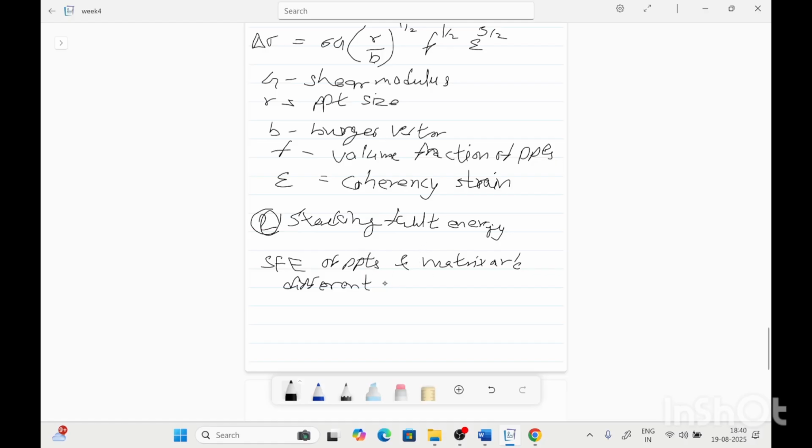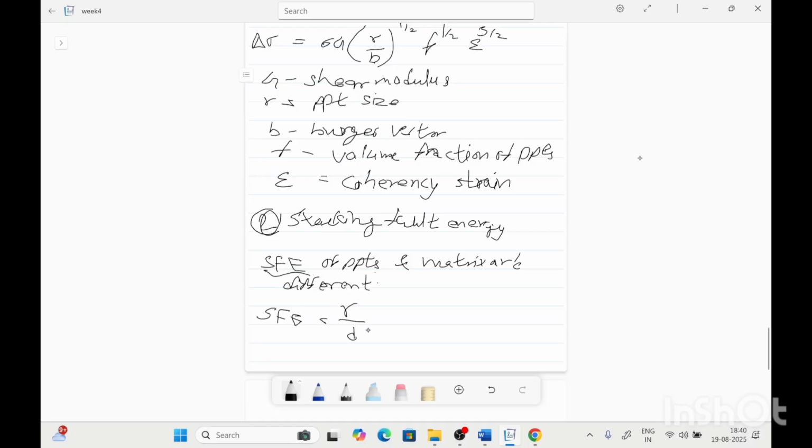We talked in the previous classes that the stacking fault energy is given as the energy divided by the distance between the stacking faults.